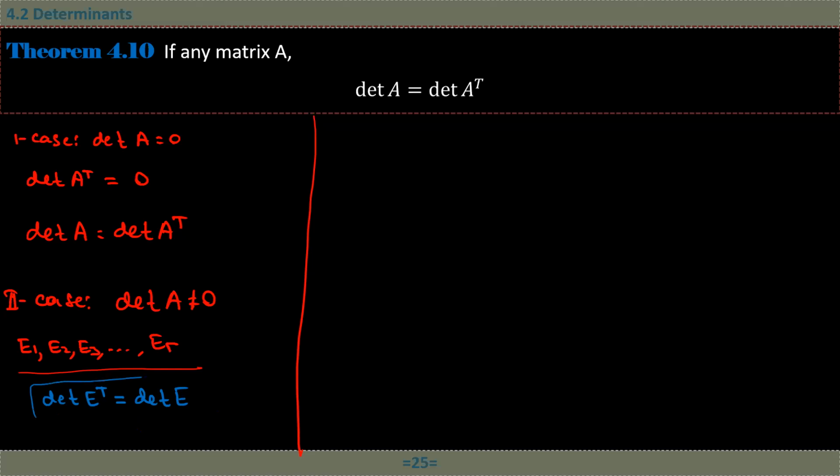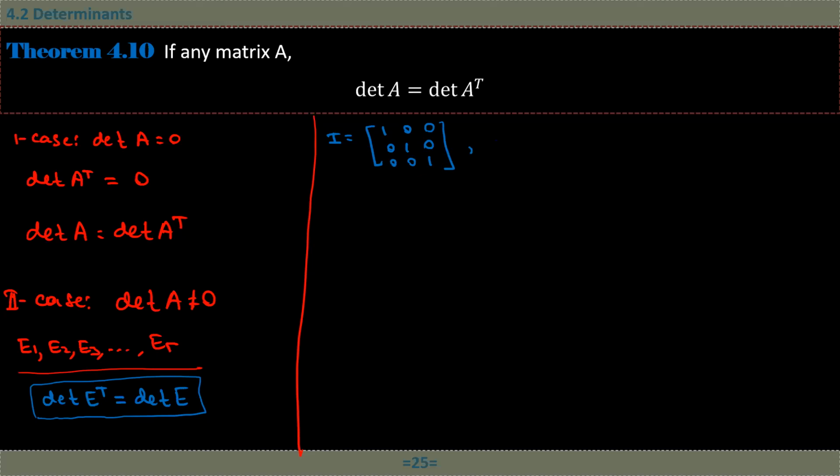Why is this so? We know that we have three different elementary matrices. The first one we can obtain by interchanging two rows of an identity matrix. The second one is multiplying a row by k. And the third one is multiplying a row by k and adding this to another row. With the second and third types, we have no problem. If we have the identity matrix, say 1, 0, 0, 0, 1, 0, 0, 0, 1, and you multiply any row by k and transpose this, it does not change, because transposing just changes your rows into columns.